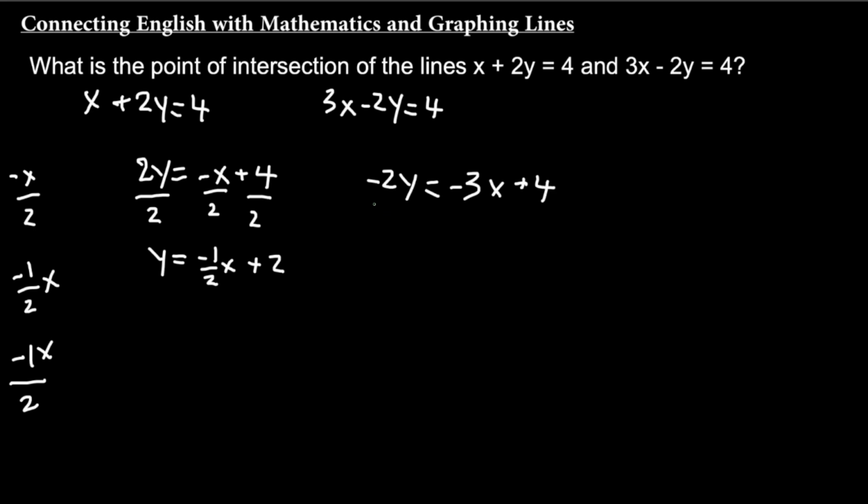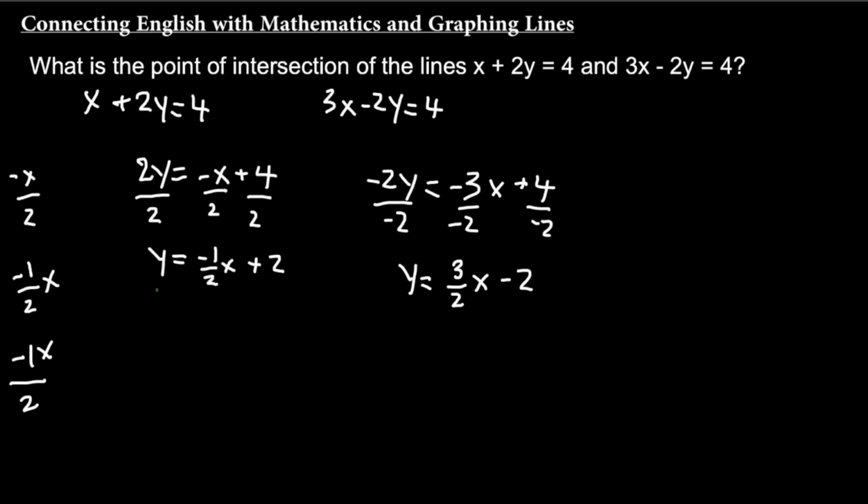So divide by negative 2, divide by negative 2, divide by negative 2. So now we have y equals negative 3 divided by negative 2 gives you positive 3 over 2x. Positive 4 divided by negative 2 gives you negative 2. So we can convert everything into decimals, but usually your teachers will like it if you keep everything in fractions.